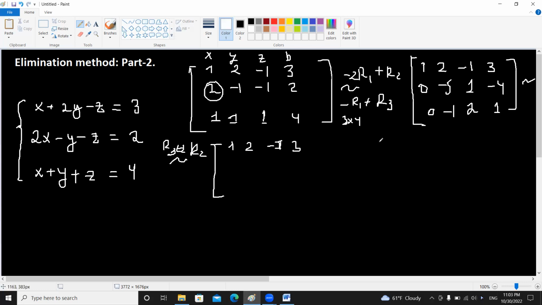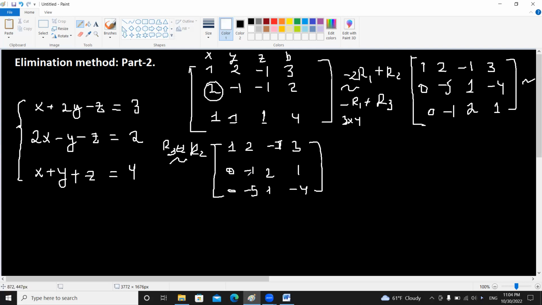It's already okay for us. So it becomes 0, -1, 2, 1, 0, -5, 1, -4. So we don't change anything here. We have got such a result from the three elementary row operations.